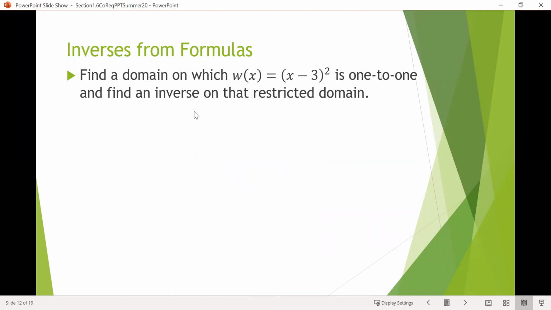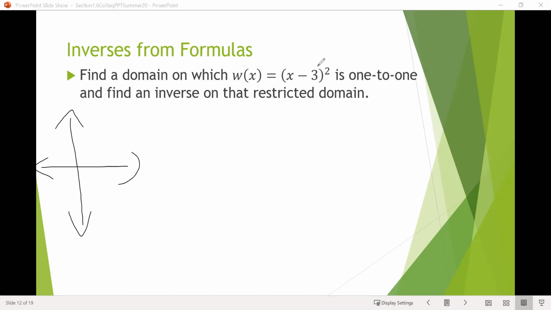So now we're asked to find a domain in which this function w of x equals (x minus 3) squared is 1 to 1, and then use that to find an inverse on that restricted domain. Okay? Well, let's first draw a picture of this graph. And notice (x minus 3) squared is a transformation of one of our toolkits.